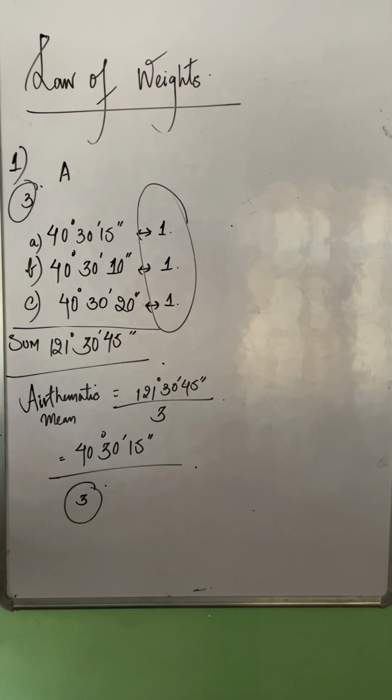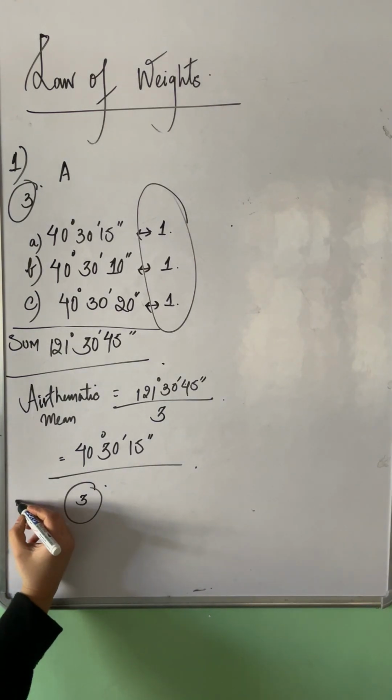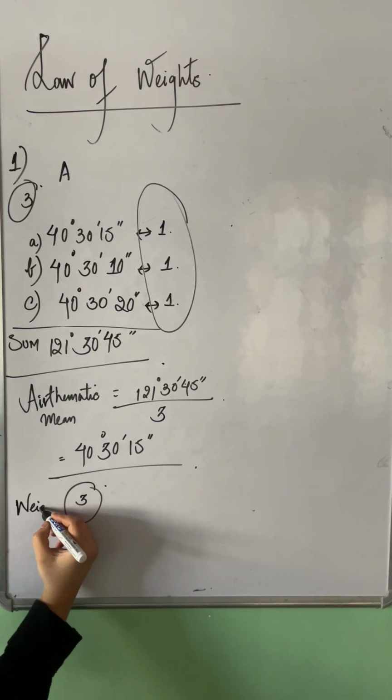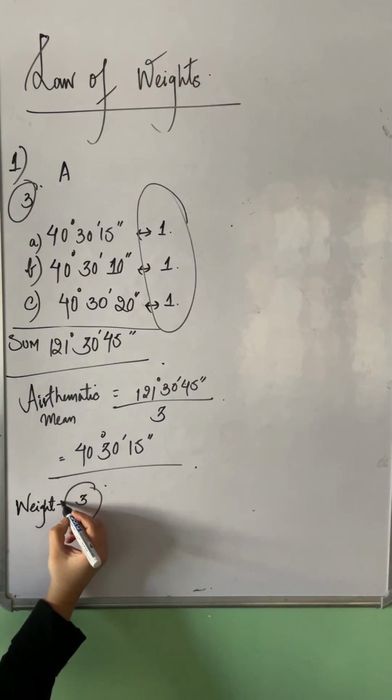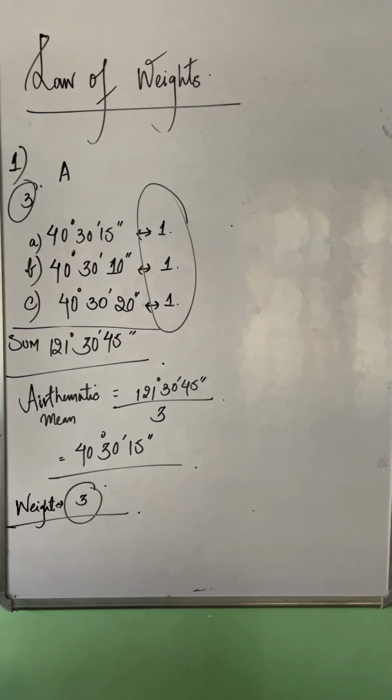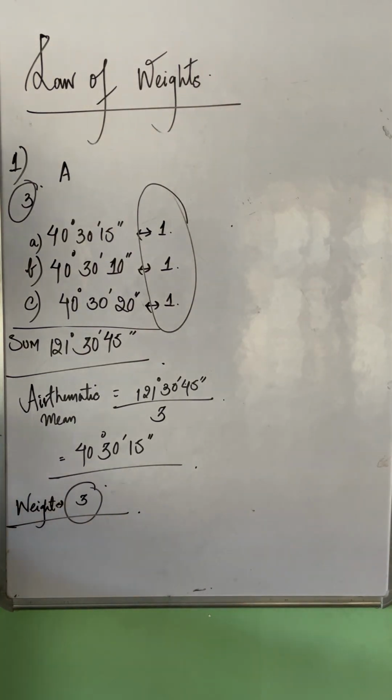So this arithmetic mean will have a weight of 3. This was the first law of weight.